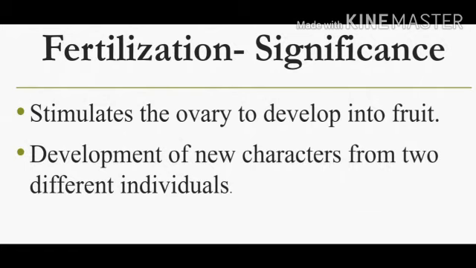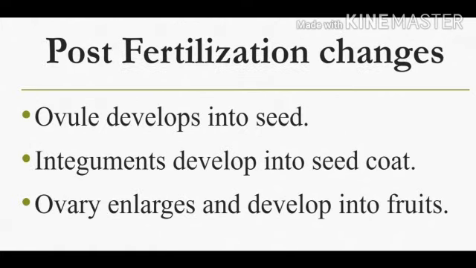Next we can see the significance of fertilization, that is, the importance of fertilization. Because of this fertilization, the seed and fruit are developed, and the different individuals get fused to form a new individual with new characters. And after this fertilization, what are the changes that will take place?